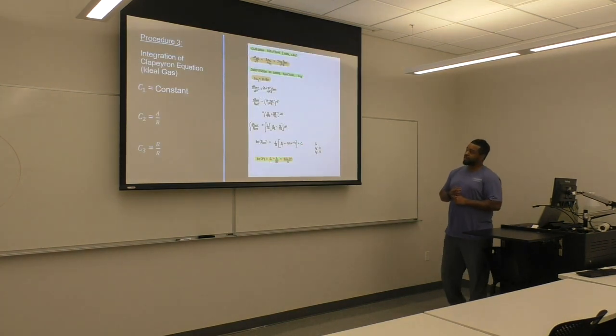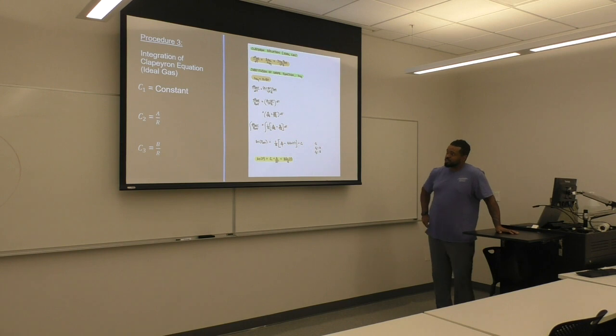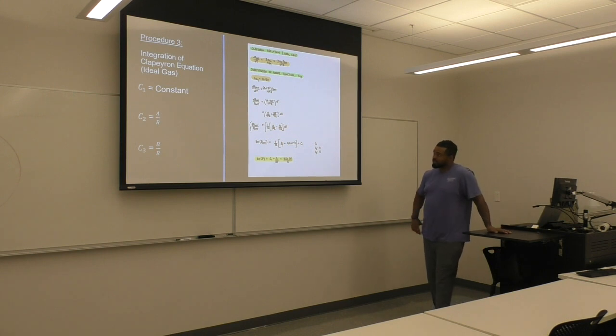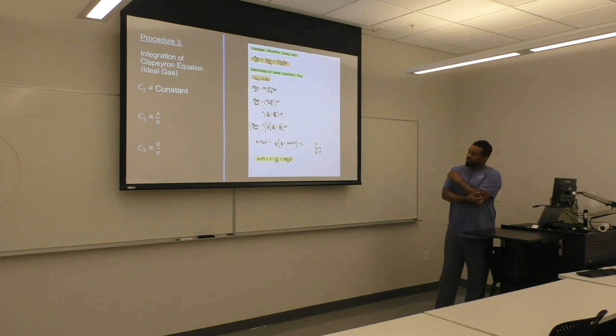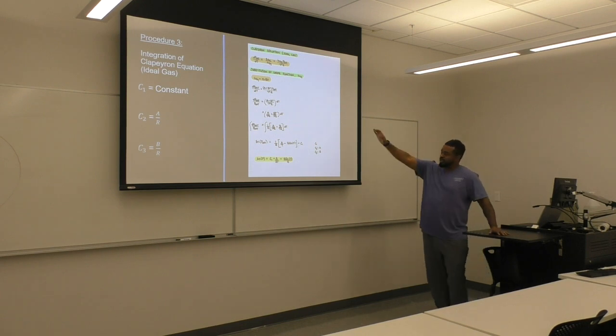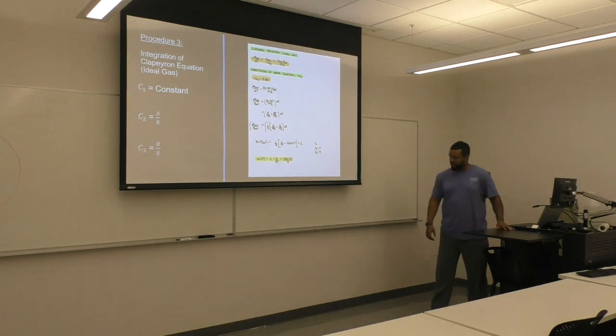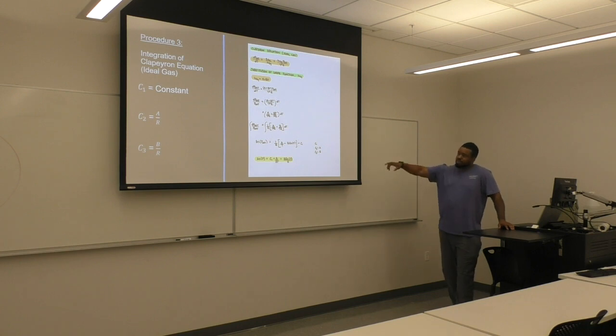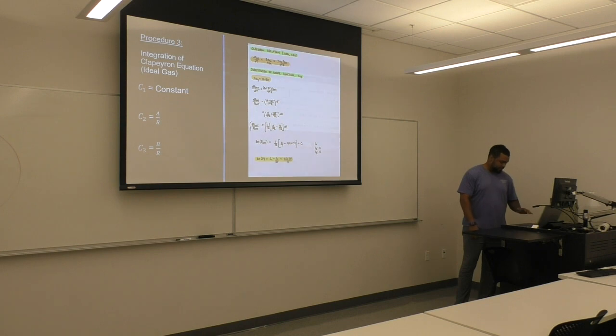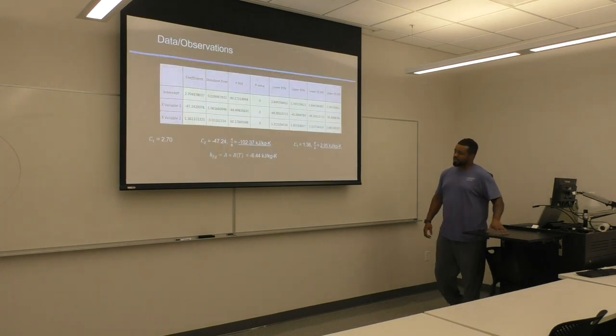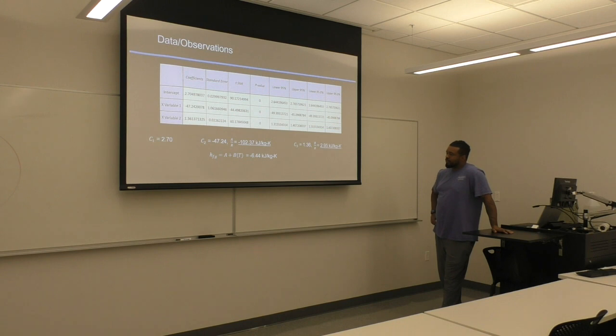Procedure 3 needs us to integrate the Clapeyron equation, which uses the ideal gas constant. Here are my calculations. I need to substitute for the latent heat an A plus B T linear formula, and then integrate it to get ln P equals a constant plus A over RT plus B ln of T over R. Using this equation and the data, there was an Excel parameter you can use.